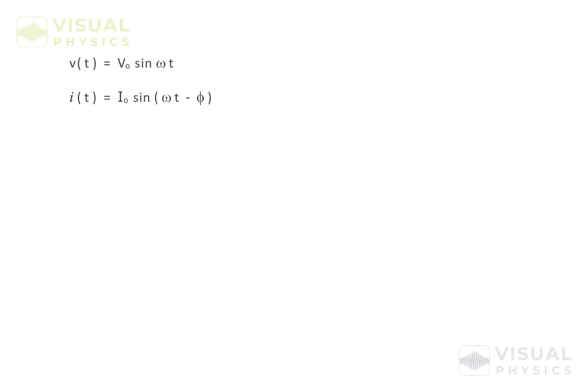We take the standard equations of an AC voltage and current, like this. Here we assume that the current lags voltage by a phase phi.